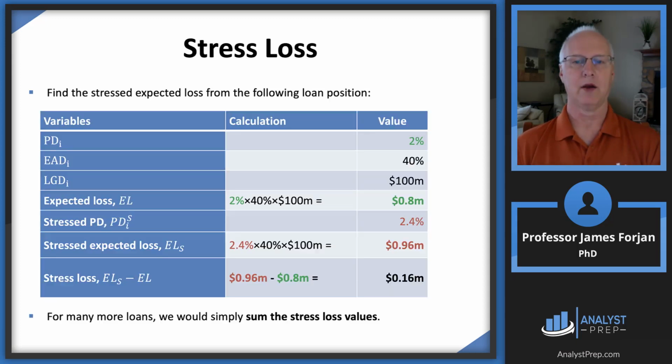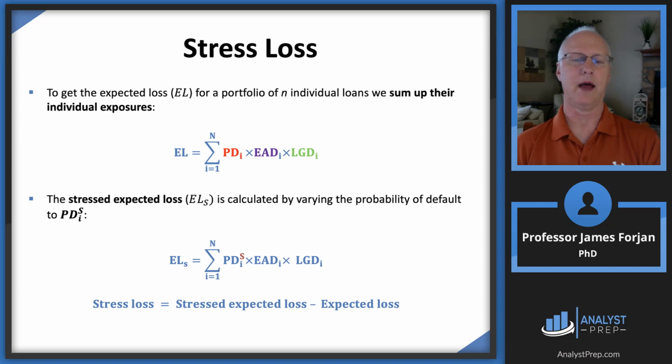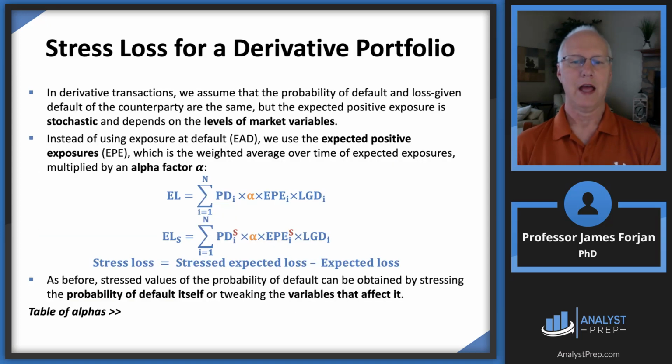Here, let me go back here. What did we use back here? We had that exposure at default as the purple variable. And now we're going to have the expected positive exposure. Remember, we want to get rid of all those negative exposures. We only are concerned about when the counterparty owes us, we're positive in the MTM, right?